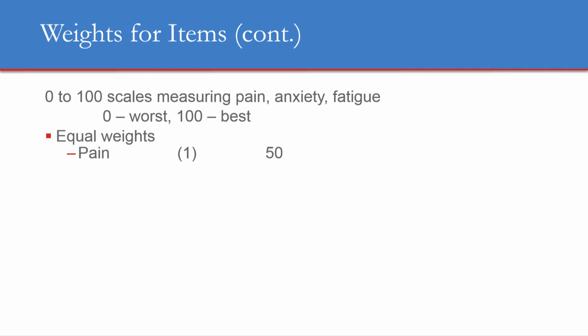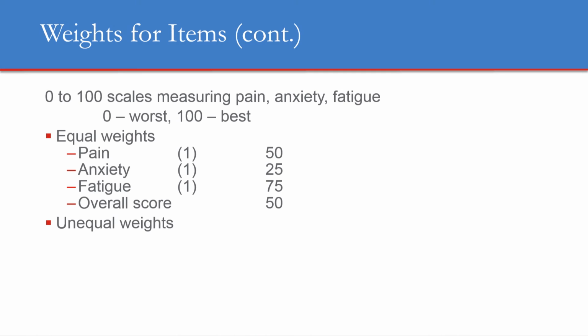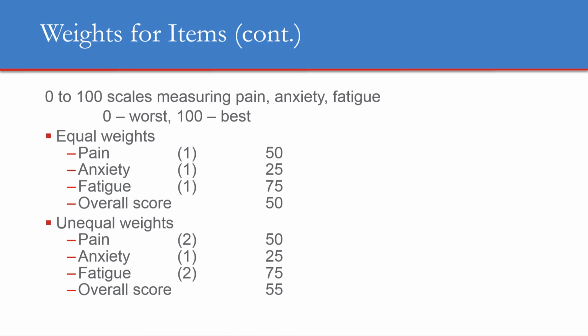Pain is scored at 50, anxiety is scored at 25, fatigue 75. We get an overall score of 50. Now let's assign different weights but the same scores. We assign a weight of 2 to pain, 1 to anxiety, and 2 to fatigue. We get an overall score of 55.